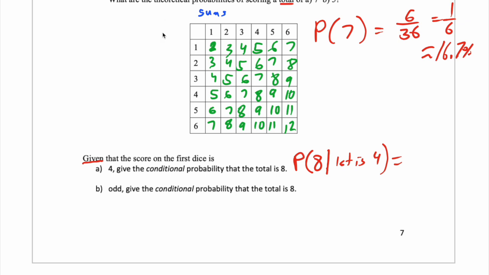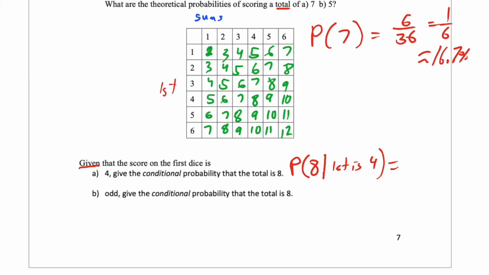Here we're just looking at the possibilities where the first number is a 4, which changes the denominator because you're not looking at all 36 cases now. There are 6 cases where the first number is a 4, and only one of them has a sum of 8. So the probability is 1 out of 6.